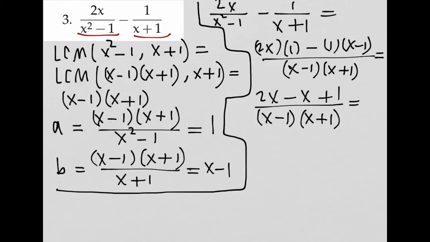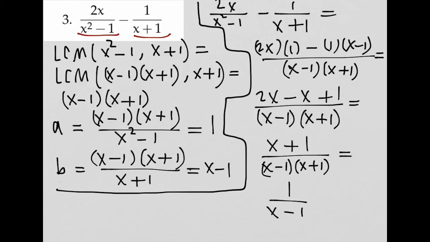Now the numerator is simply x plus 1, and the denominator is x minus 1, x plus 1. We can cancel out an x plus 1 to get a final answer of 1 over x minus 1. That is the difference of the two given rational expressions.